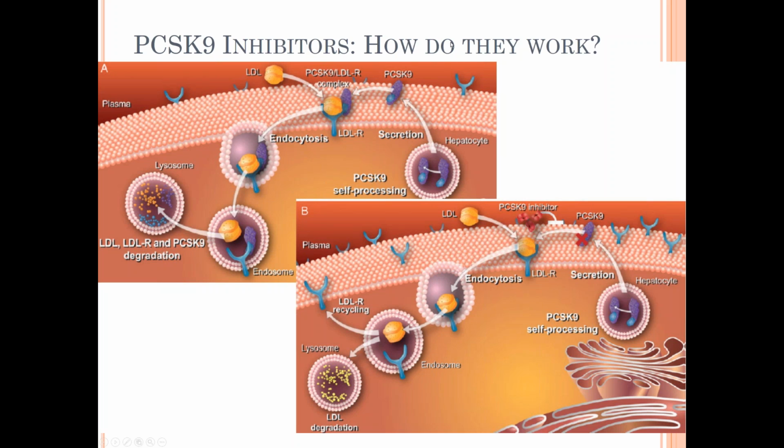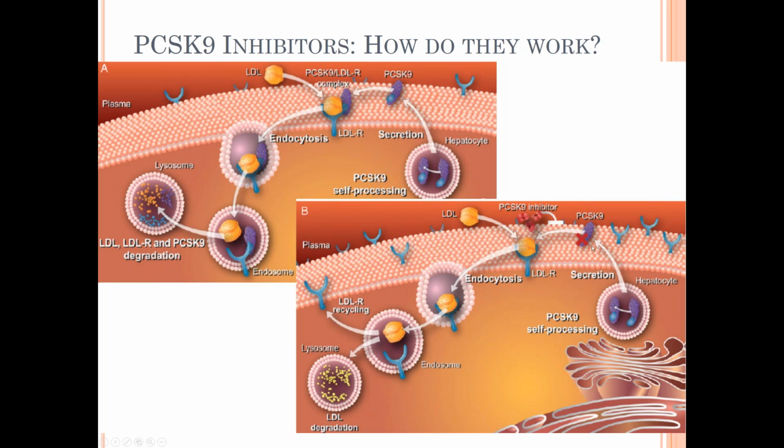So the physiology of how these agents work is that LDL is taken up from the serum with the LDL receptor located in the liver. If the PCSK9 complex is attached to this LDL receptor, both the receptor and the PCSK9 are taken up into the lysosome and degraded.